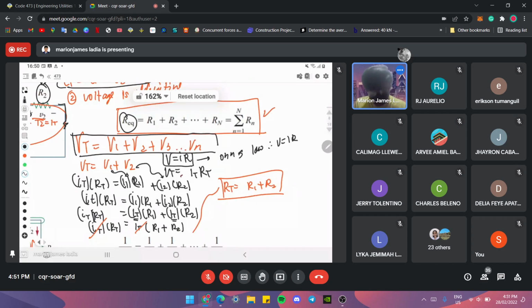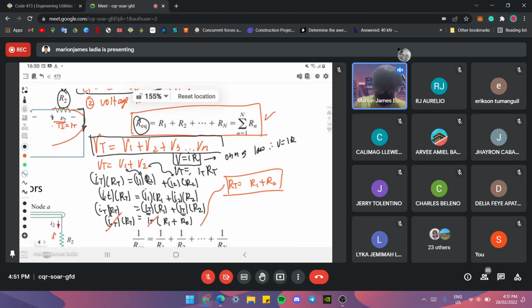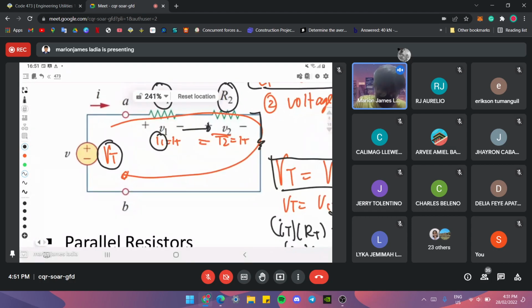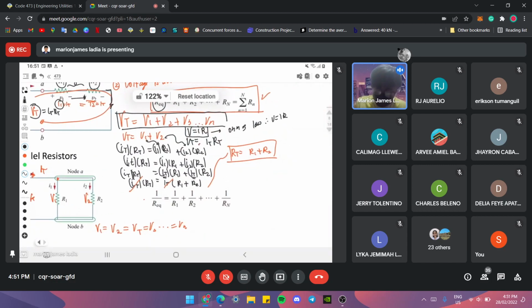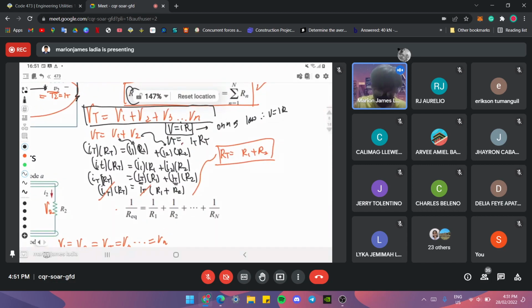So, take note that V is equal to IR. So, from here, pwede kong sabihin that my V total is equal to my I total multiplied by my R total, wherein this R total is the resistance of all the series connection in the circuit. So from here, I have my I total multiplied by R total as my V total.